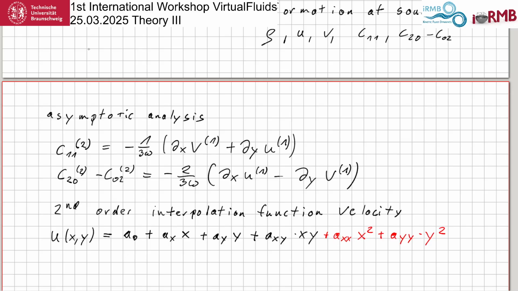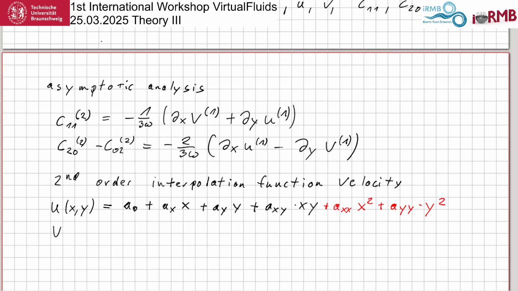The same thing here for v, so we call this now b0 plus bx x plus by y plus bxy times xy, and we have to amend this by bxx times x squared plus byy times y squared.